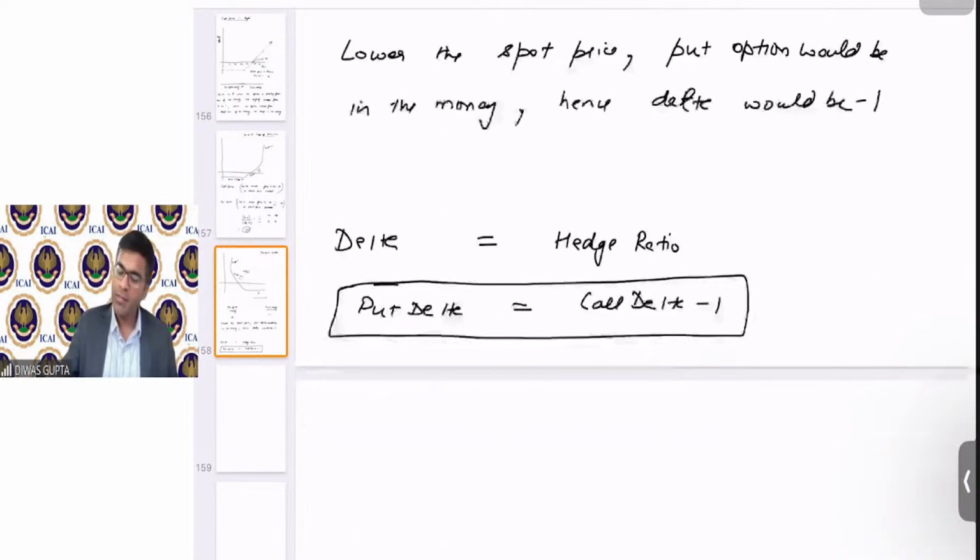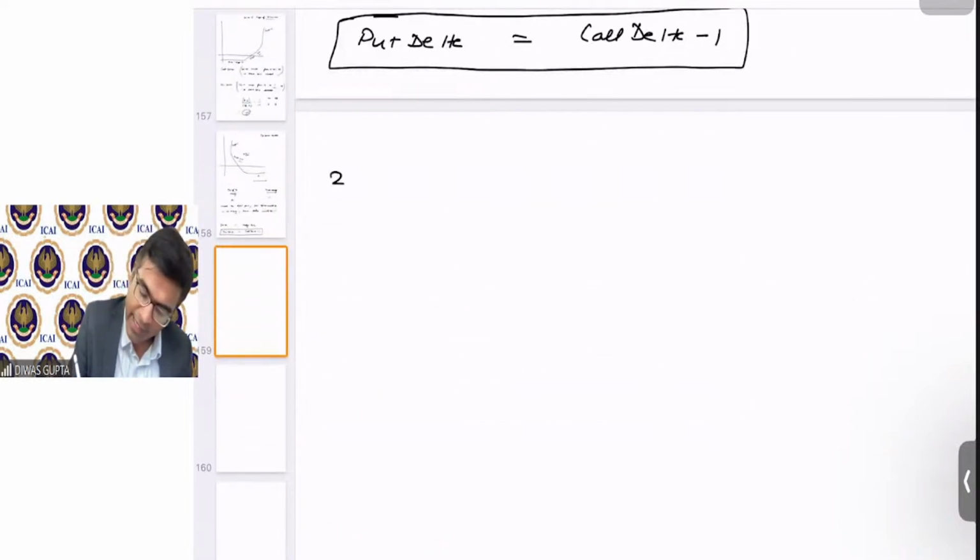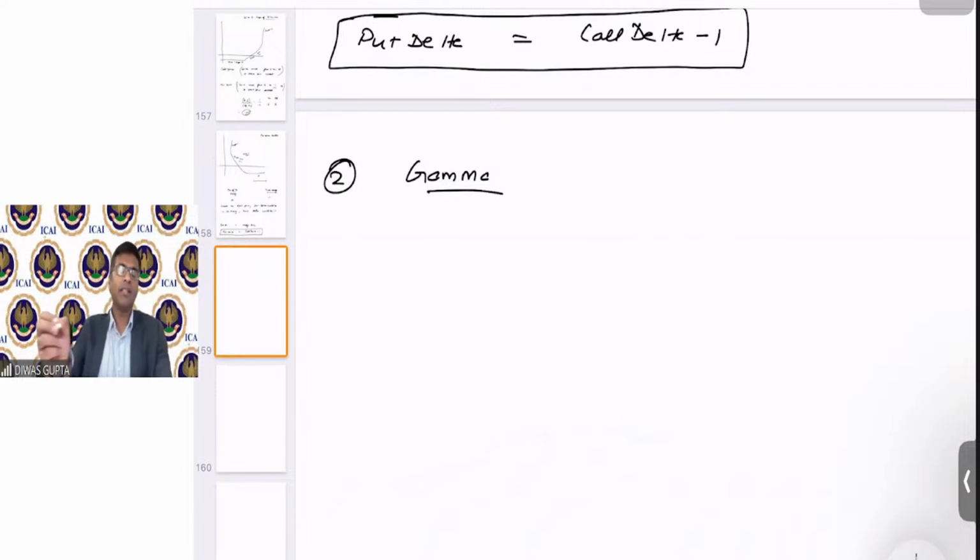Yes, students. Now let's move ahead. Let's come to the second Greek. So the second Greek is called as gamma. Okay. Now what is gamma?